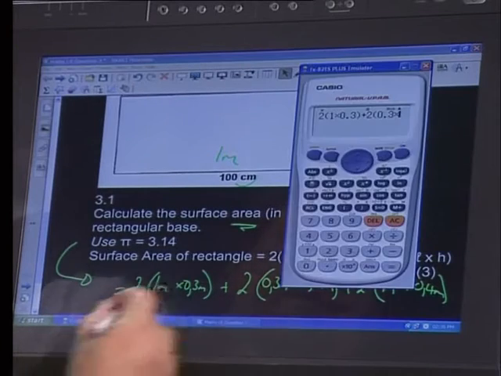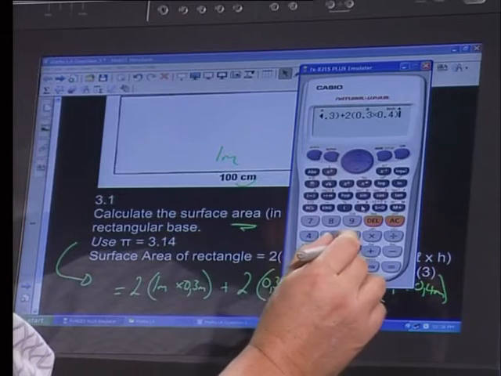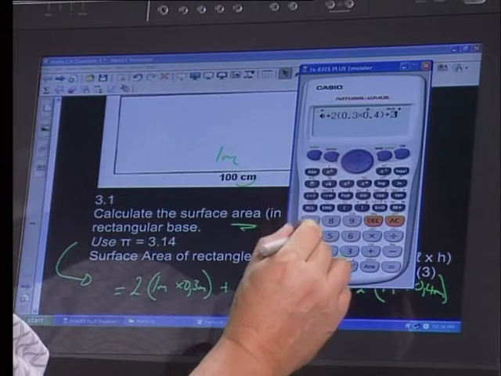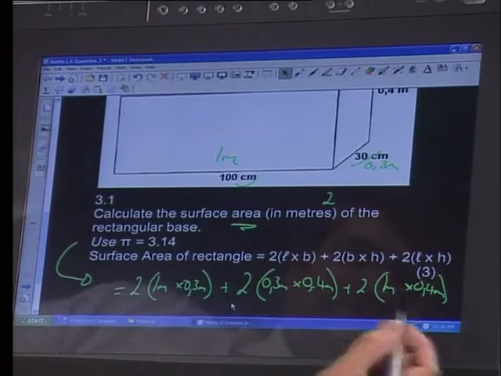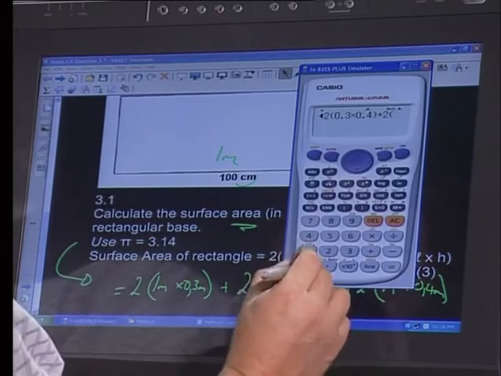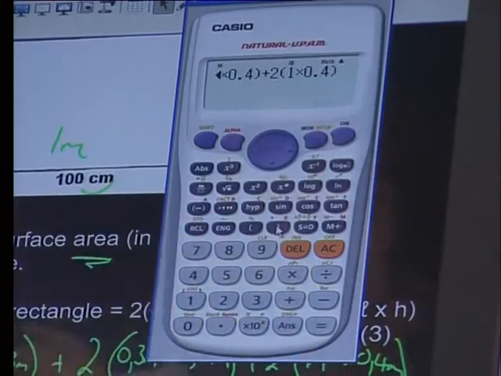So let's just do that, times 0.4 close brackets plus 2 bracket, and what do we have over here? We got 1 times 0,4. So 1 times 0.4 close brackets. Before I push equals, let me just stress this.